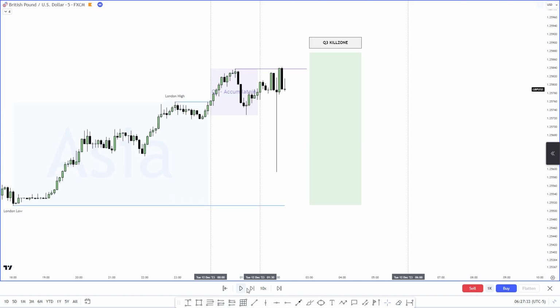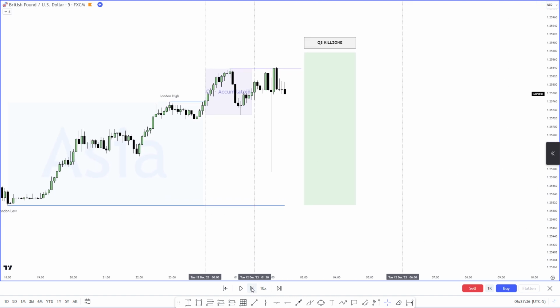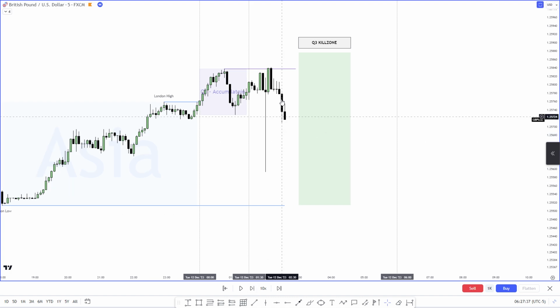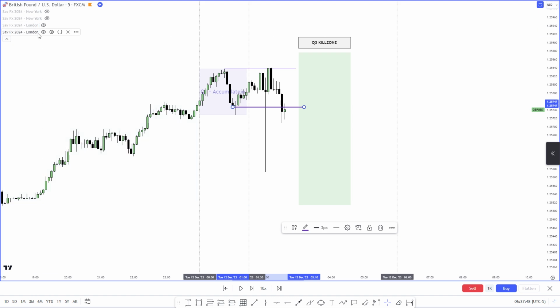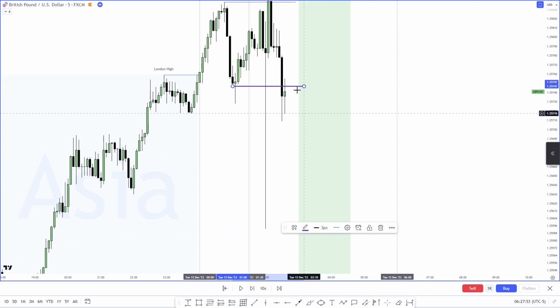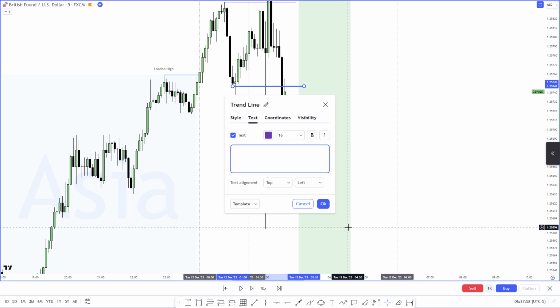Let's see. Price draws lower. Impulsive spike lower, right? What is this? We have a breaker right there. We have our defined and identified breaker, which indicates a shift in market structure.